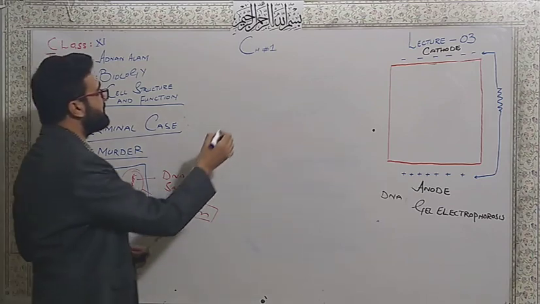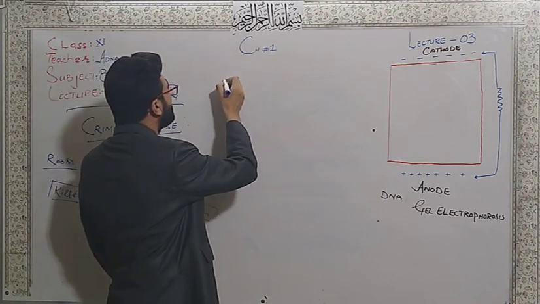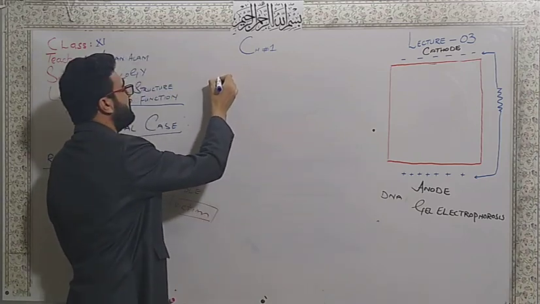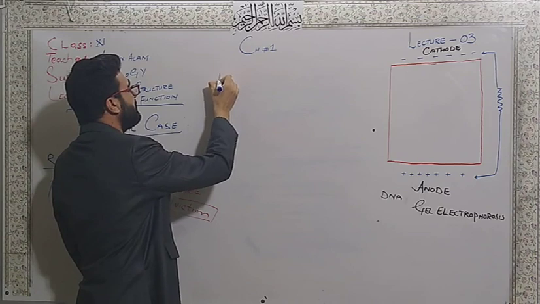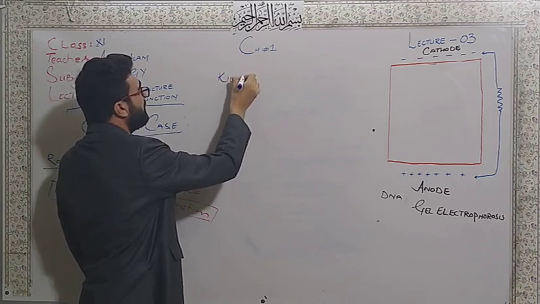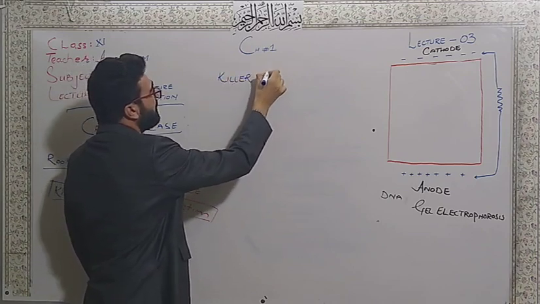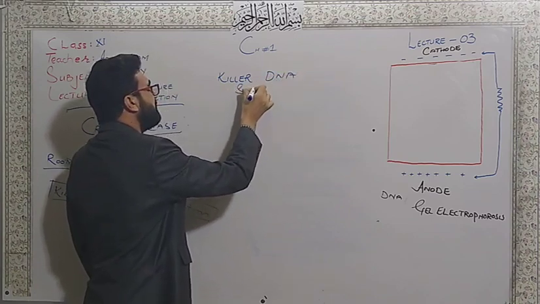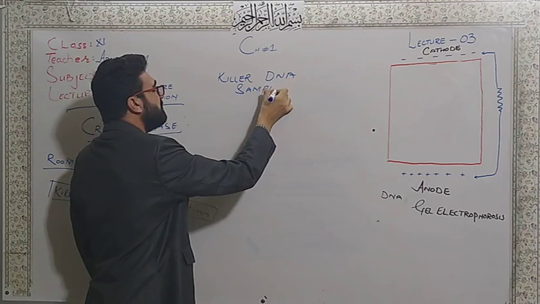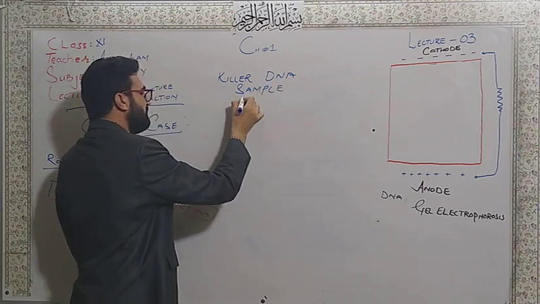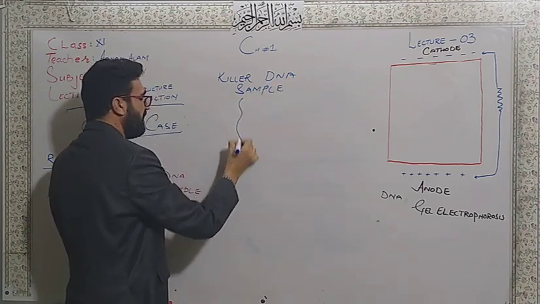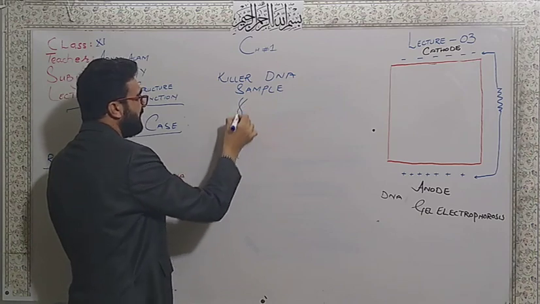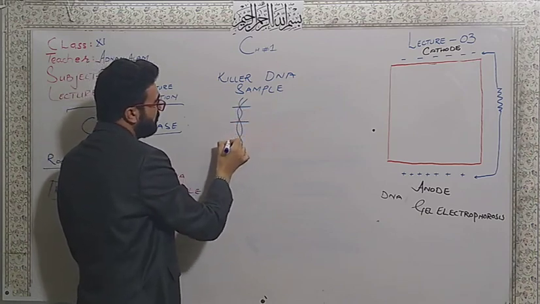The killer DNA sample is subjected to chain termination, and this DNA is broken into pieces.